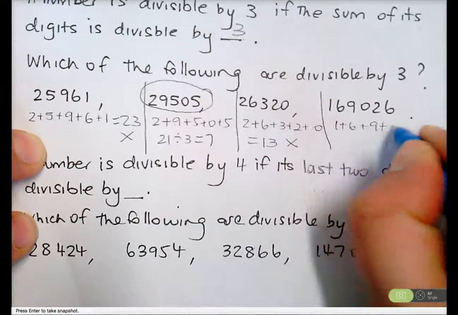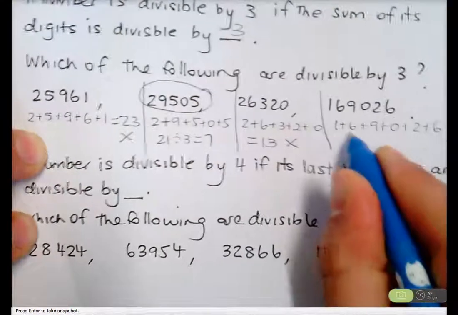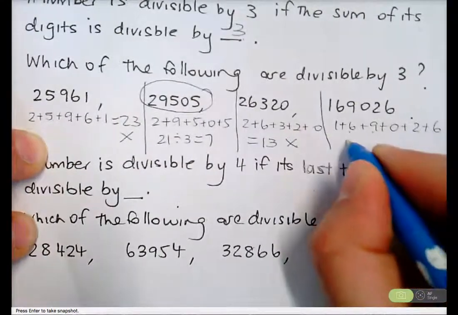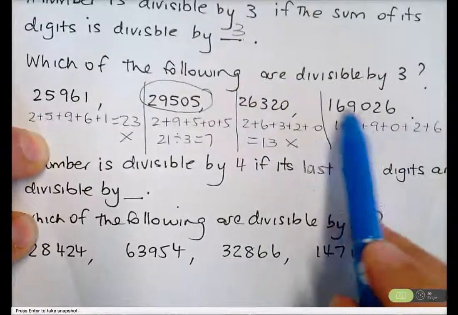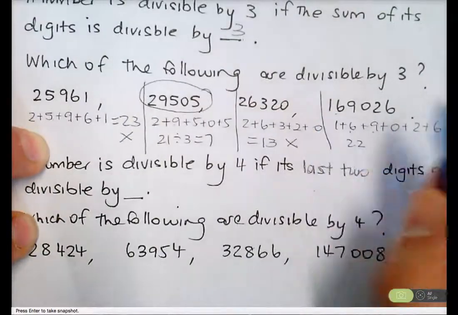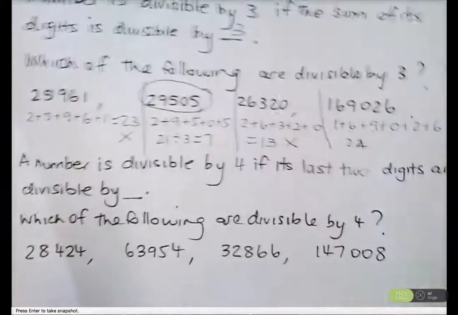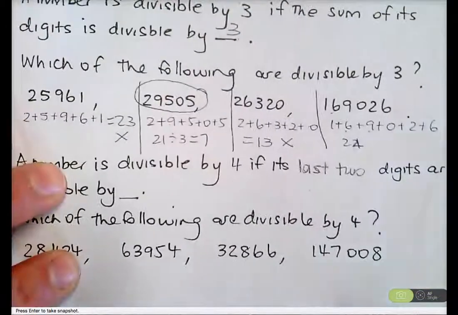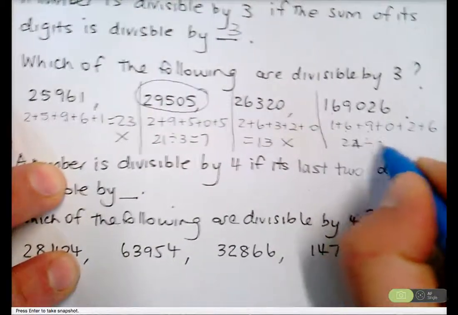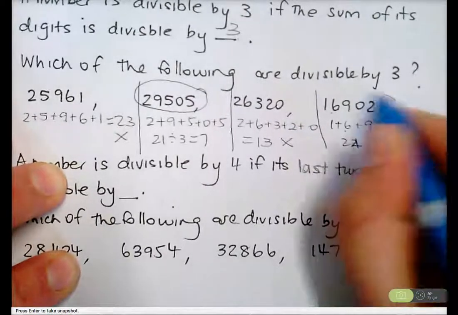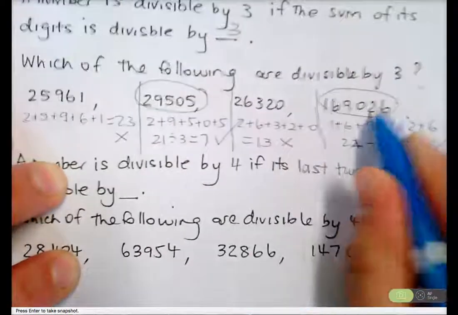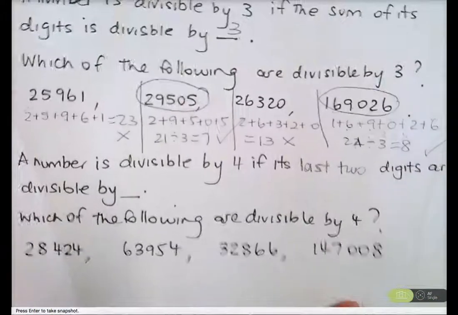And the last one is 16 and 6, 22, sorry, 24. That's 24, sorry. That is divisible by 3. So therefore, this last number is also divisible by 3.